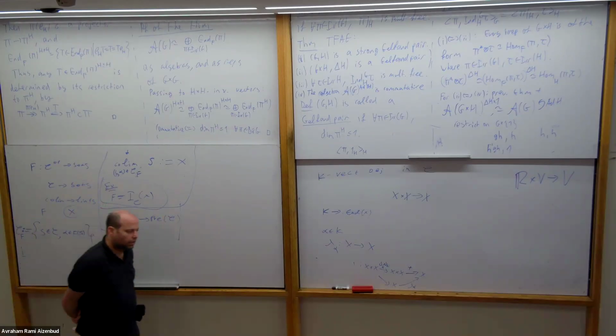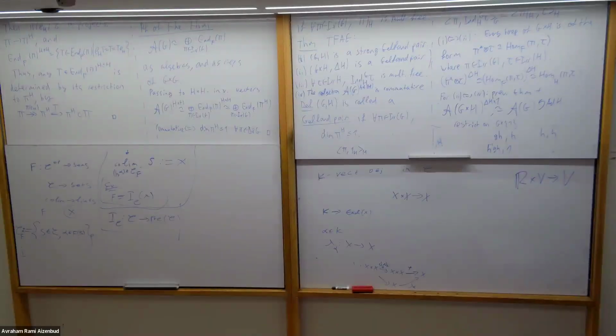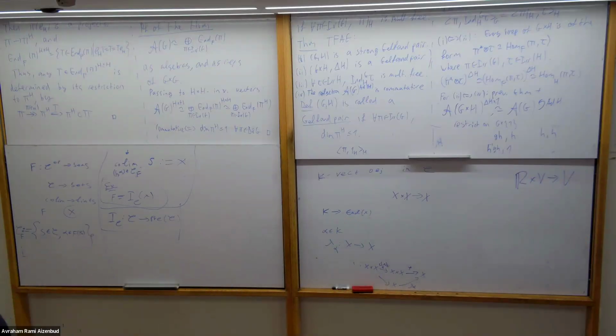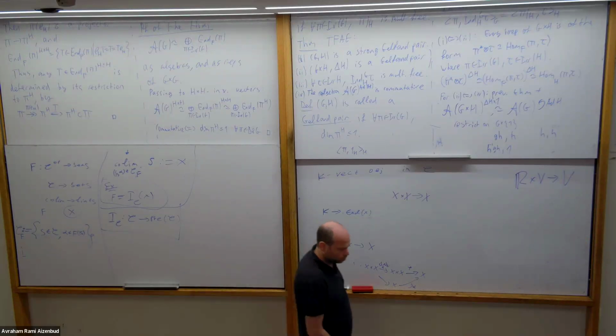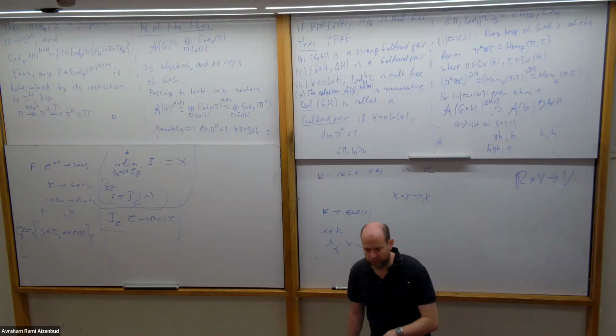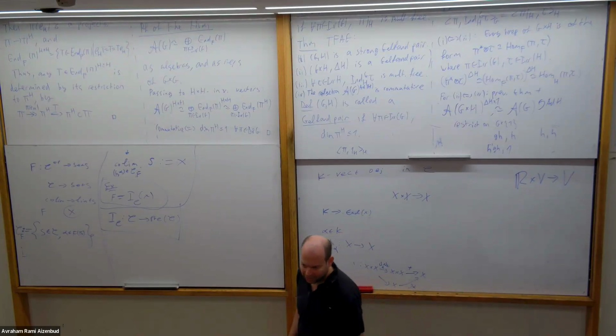Okay. Now another theorem of this type says something about when a functor is an adjoint functor, or in other words, when it has an adjoint. You probably remember that if a functor has an adjoint, then it preserves corresponding limits. So either limits or colimits, depending on whether it's a right adjoint or a left adjoint.